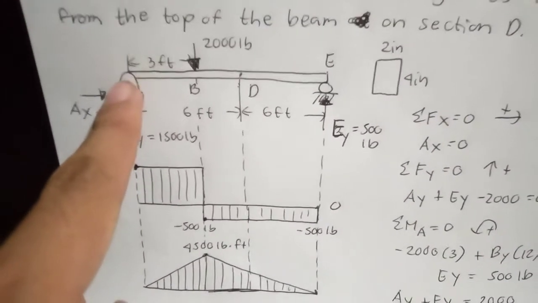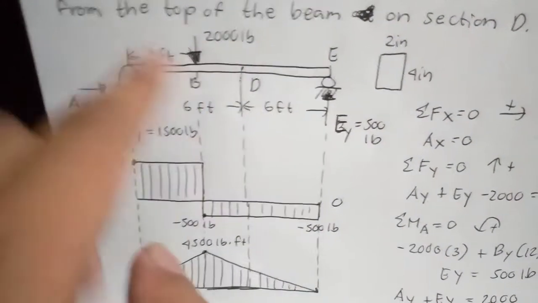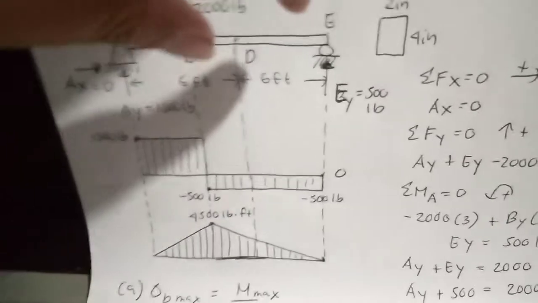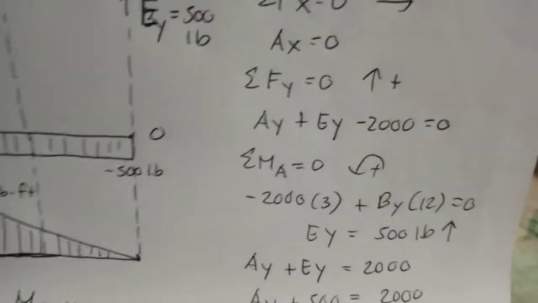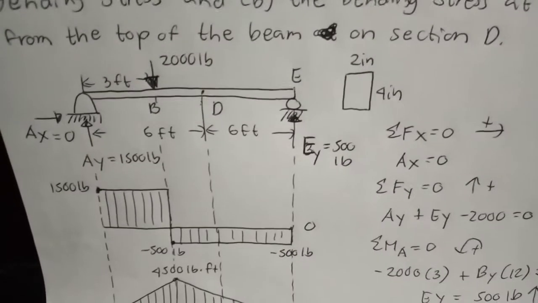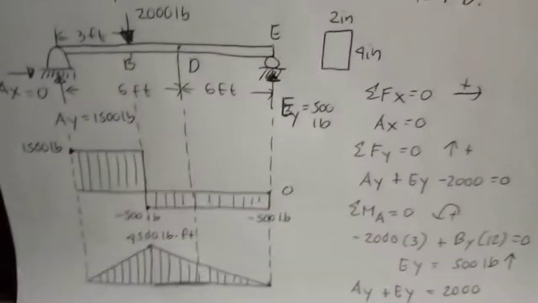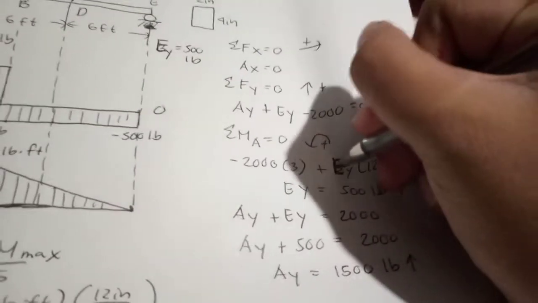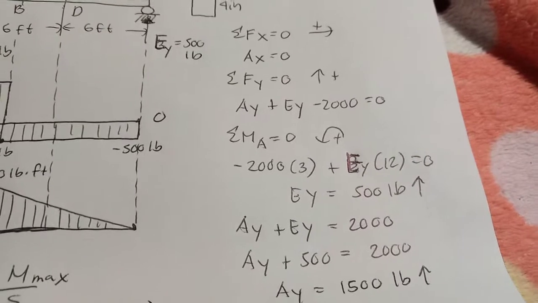Relative to point A, this 2,000 pound force will rotate clockwise. We assume counterclockwise is positive, therefore negative 2,000 times the moment arm, which is 3, plus, I'm sorry, it should be EY here, plus EY times 12.